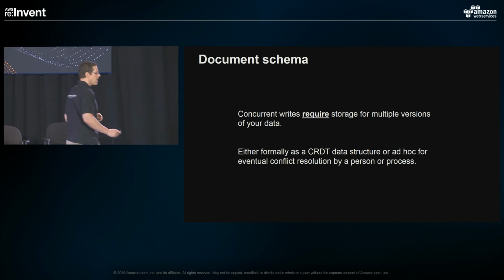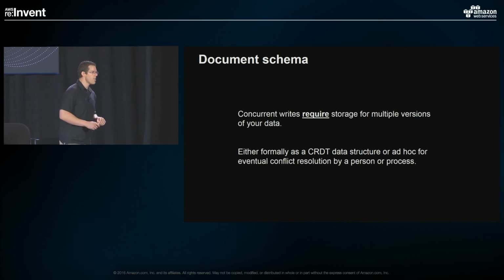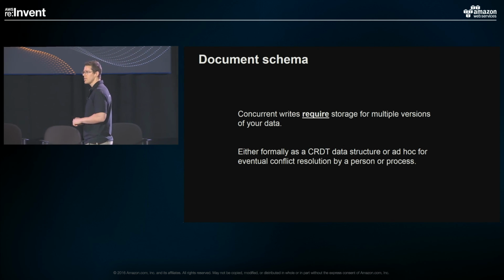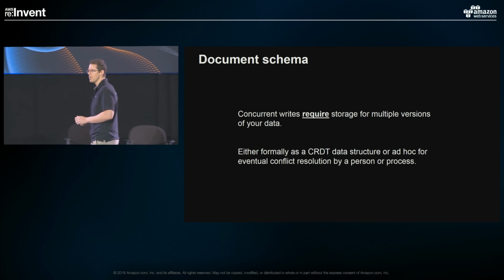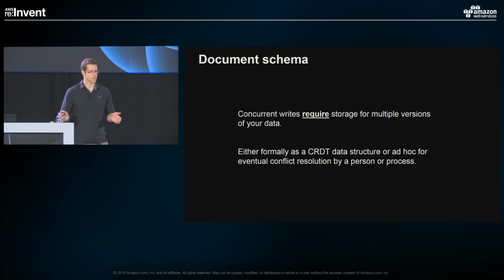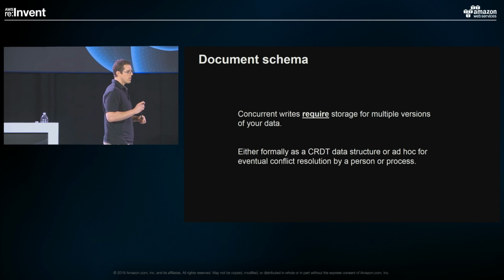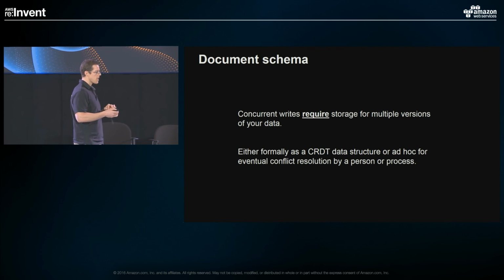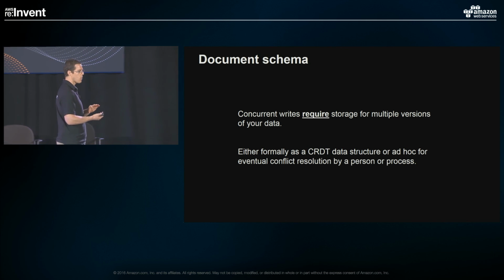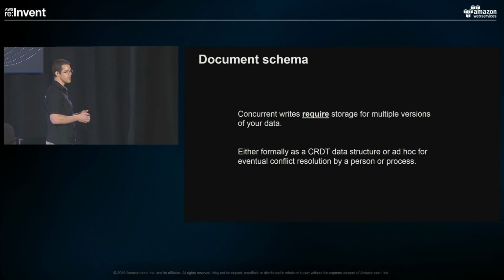But if you're at a point where you have the opportunity to think about this problem from the beginning, and you can let it influence, say, your database design, or your document schema, whether you're using Dynamo or anything else, what we can learn from the academic work around this and the best practices is that when you have write conflicts, you have multiple versions of the truth.